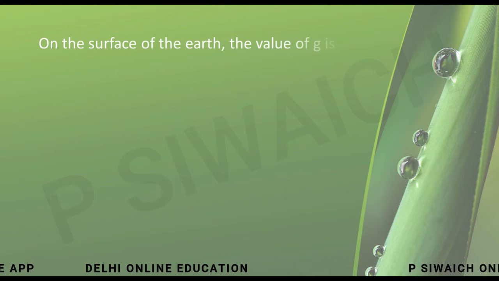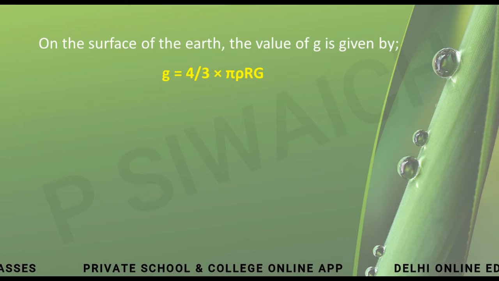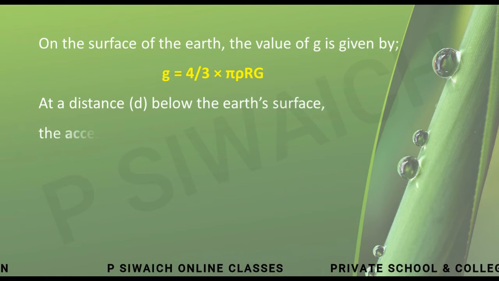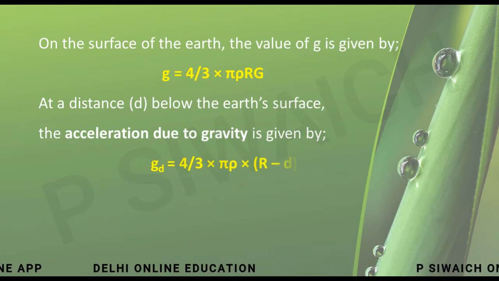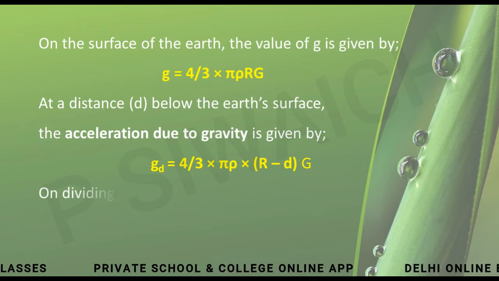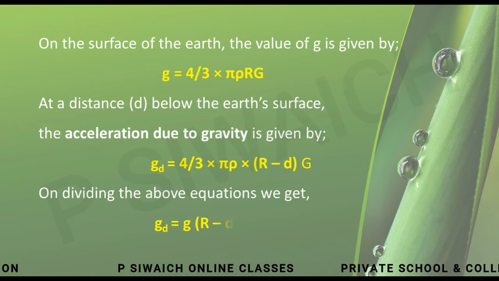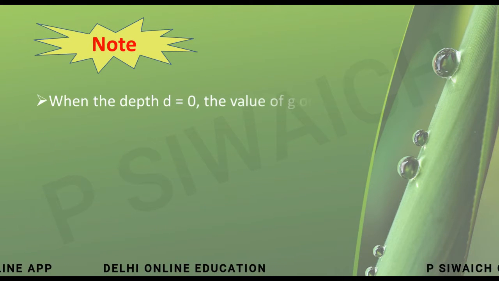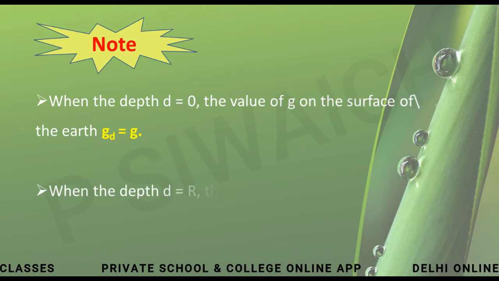On the surface of the Earth, the value of g is given by g equals 4/3 pi rho R into G. At a distance d below the Earth's surface, the acceleration due to gravity is given by g_d equals 4/3 pi rho into (R minus d) into G. On dividing the above equations, we get g_d equals g (R minus d) upon R. Note, when the depth d equals 0, the value of g on the surface of the Earth g_d equals g.